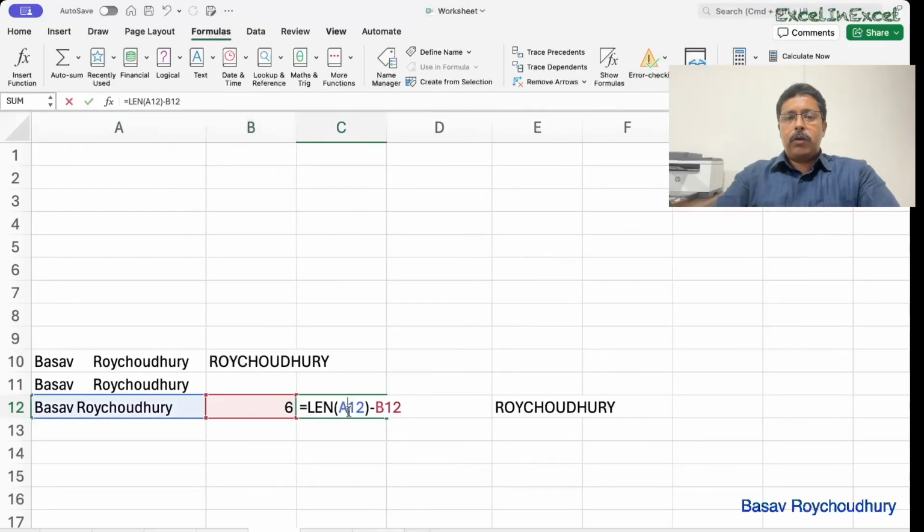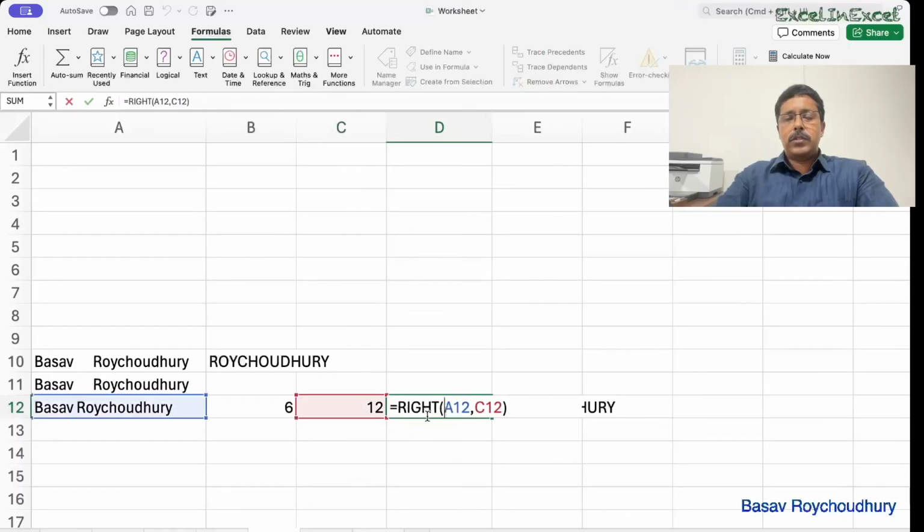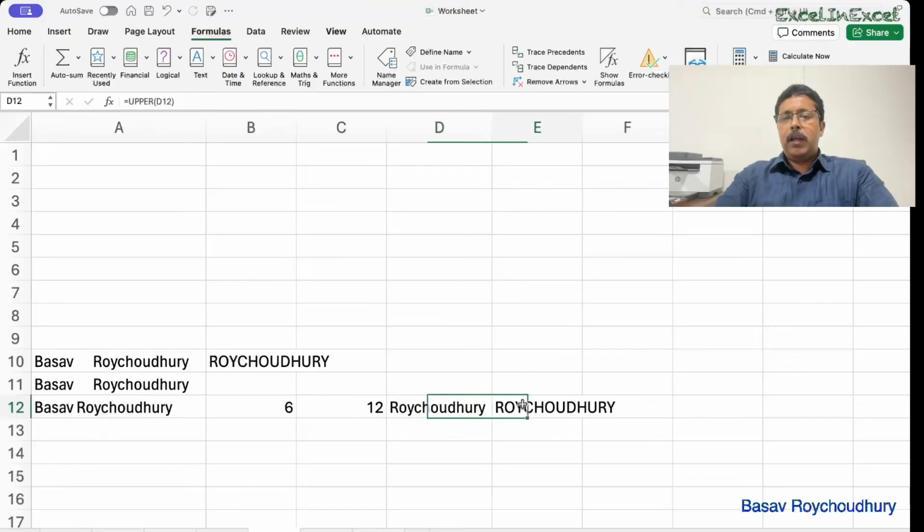Then we found the total length of my name and subtracted the characters up to the space, which leaves the number of characters in my surname. Then I used the character extract function, right? From the right I extract 12 characters, which gives me my surname, and finally, because it was supposed to be in capital letters, I put upper of this.